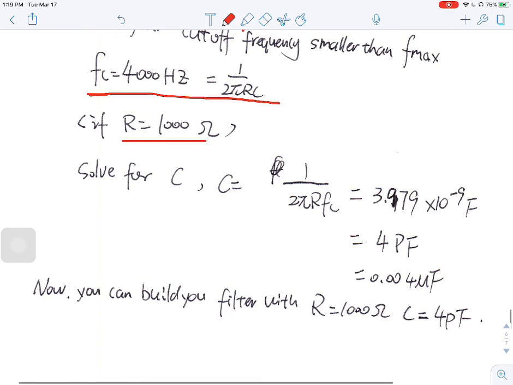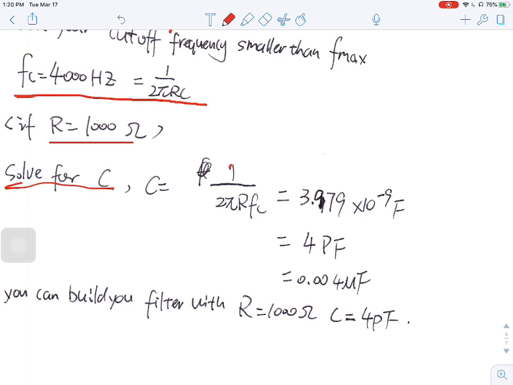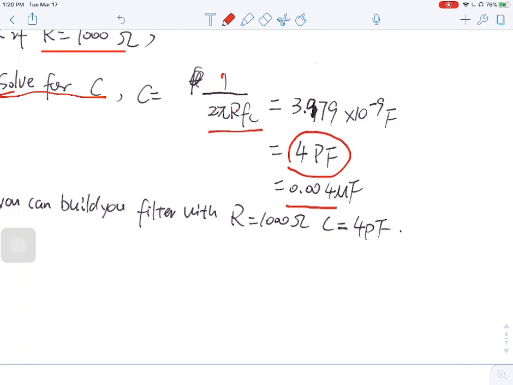That will be a very simple calculation, right? To calculate capacitance C, C equals 1 over 2 pi R Fc. We're trying to solve for this C here. You will find that the capacitance you need is around 4 picofarads, which is around 0.004 microfarads.